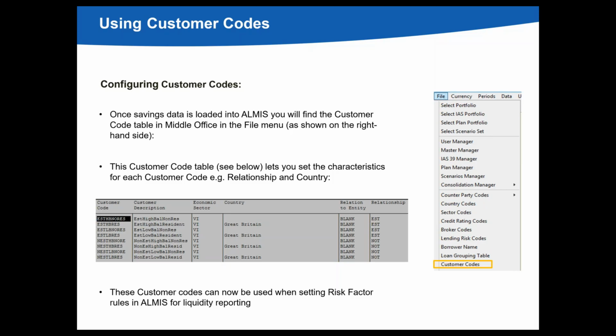So things like the economic sector, the country, and perhaps most importantly, if it's an established relationship or not. From the customer codes that I've created that is very straightforward to see, because it's just whether it starts with EST. So you can see I've assigned those as established in the table. That will be used for the liquidity, LCR and PRA 110 purposes.